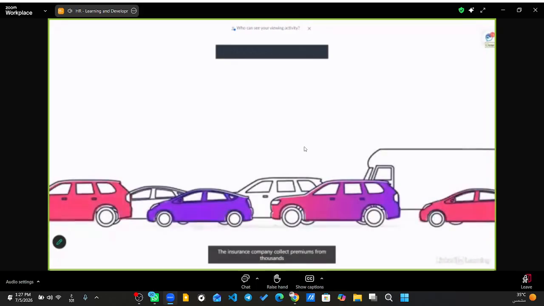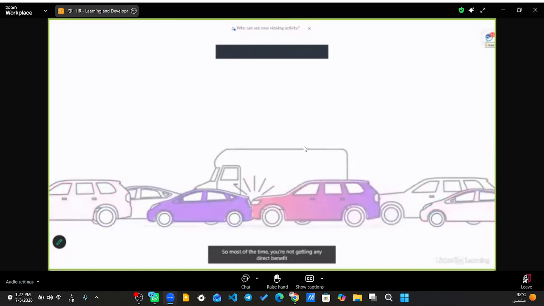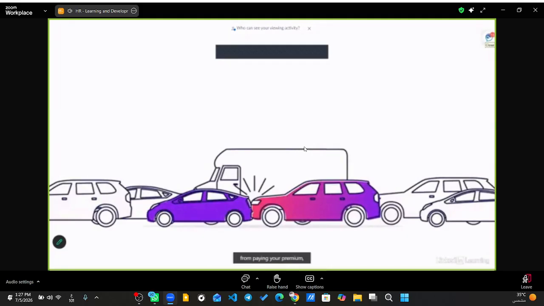The insurance company collects premiums from thousands or more likely millions of customers, most of whom won't have an accident in their car or a problem with their house most of the time. So most of the time, you're not getting any direct benefit from paying your premium. But out of the millions of insured people, a few have a major accident or a disaster each month, and the insurance company uses everyone's premiums, everyone's payments to cover those problems when they come up.